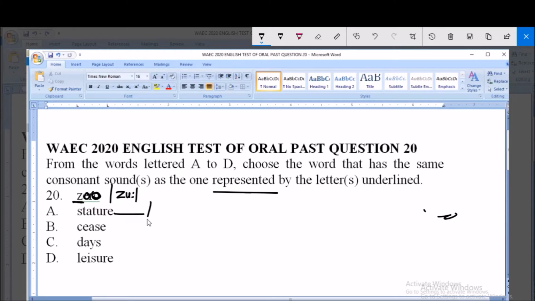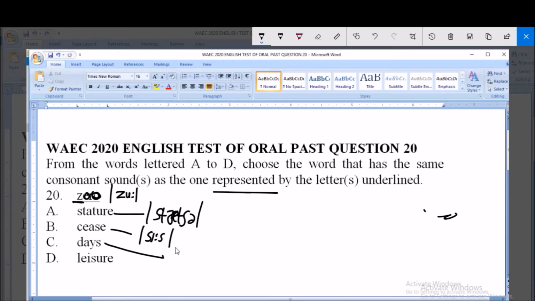Option A is pronounced as star share. Option B is pronounced as sis, long E, sis.